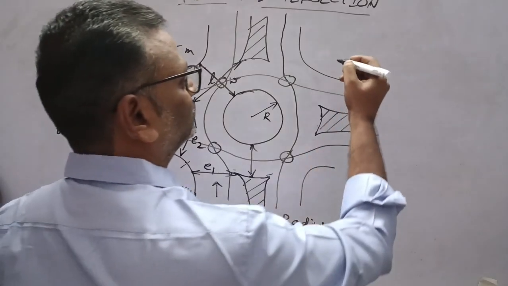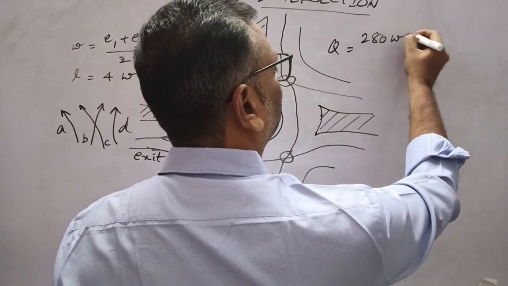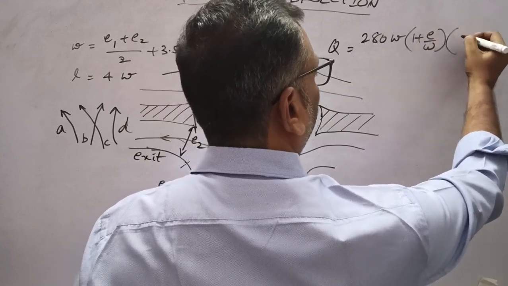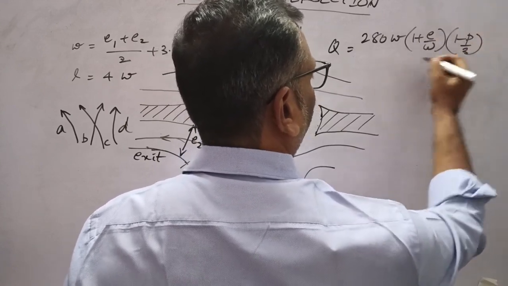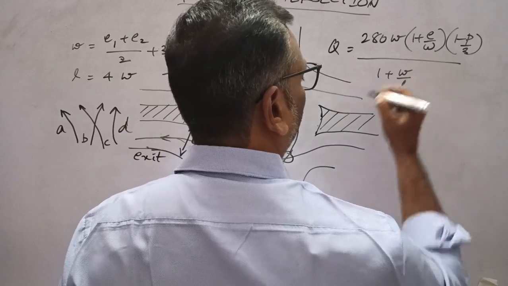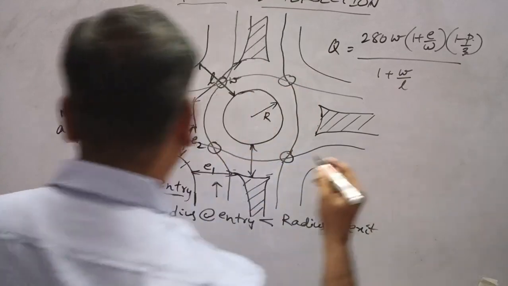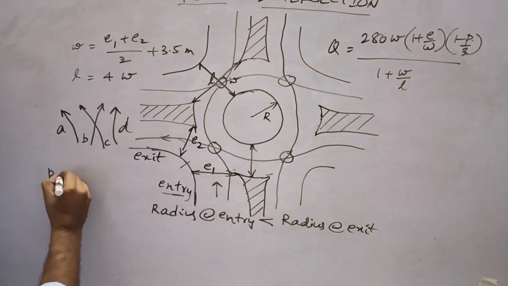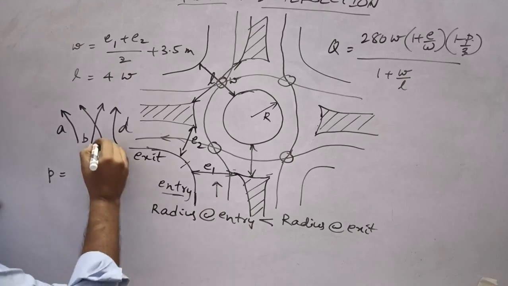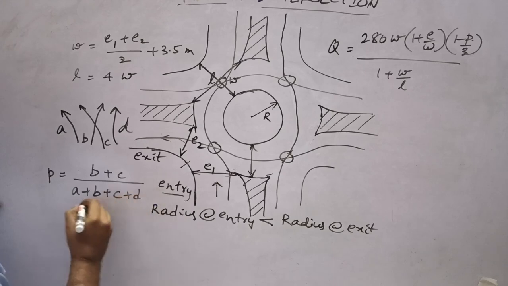capacity of the rotary. So capacity of rotary is given by a formula: 280W(1 + E/W)(1 - P/3) divided by (1 + W/L), where P is given as proportion of weaving traffic, that is (B + C)/(A + B + C + D).